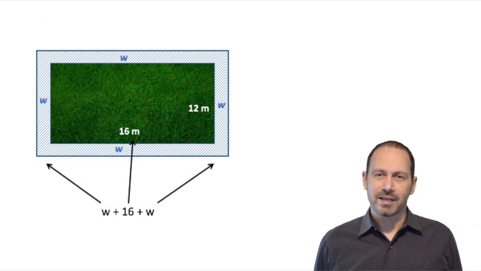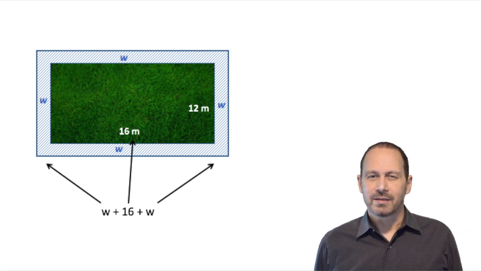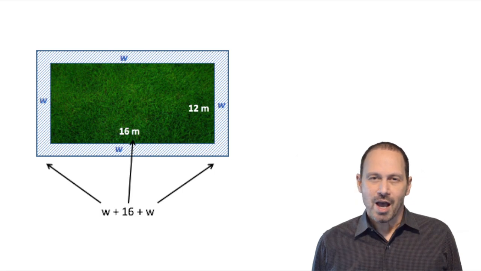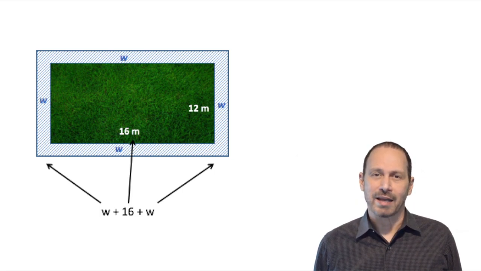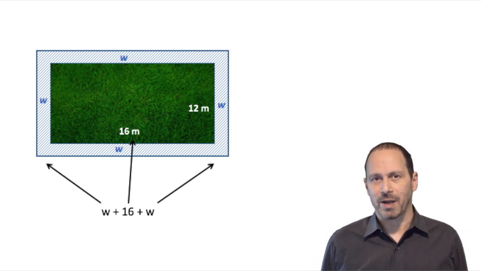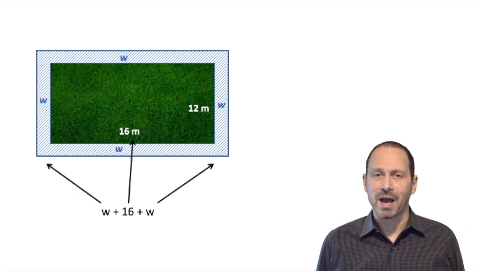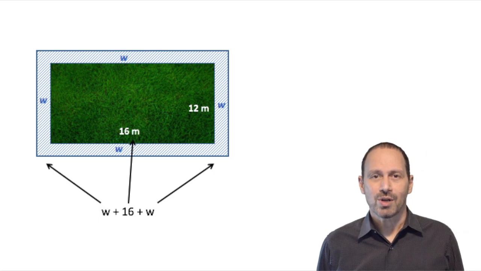Let's analyze the length. The length we start with is 60 meters. But to that we have to add the width of the pathway, which is W. However, because the pathway goes all the way around, we have to add W twice.